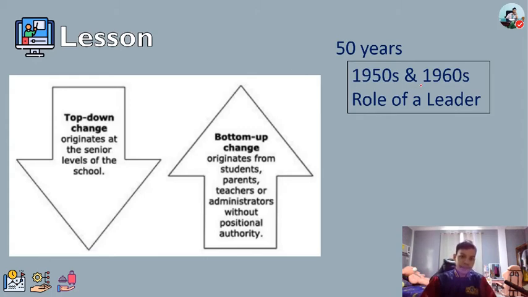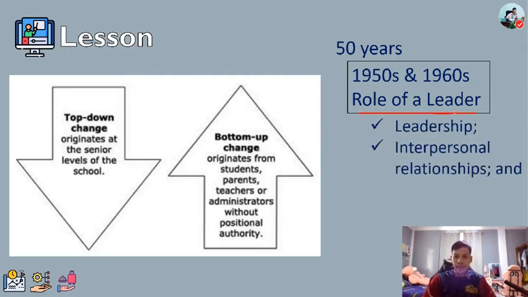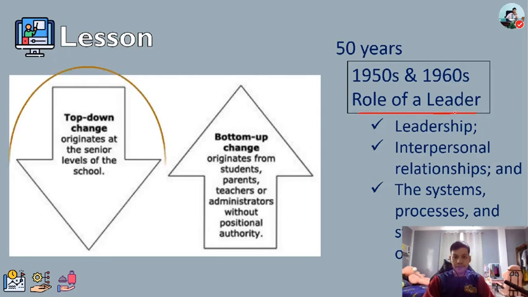Okay, in the 1950s and 1960s, the emphasis was on the role of the leader. As a result, the focus was on leadership, interpersonal relationships, and the systems, processes, and structures in organizations.